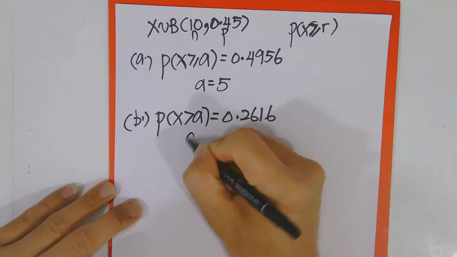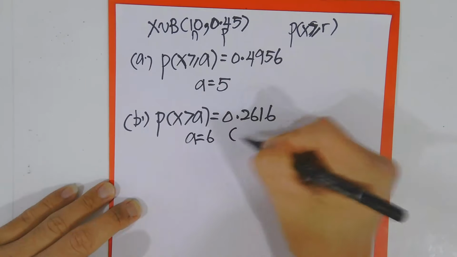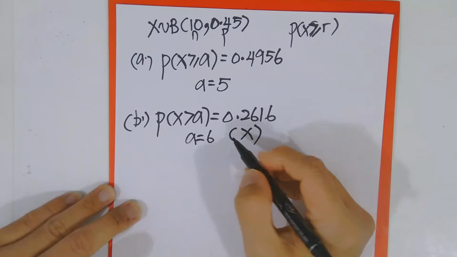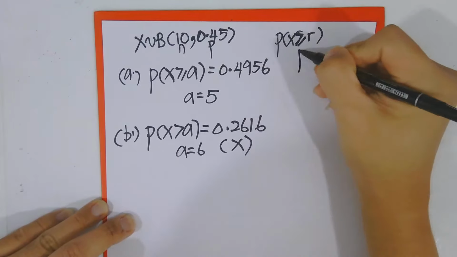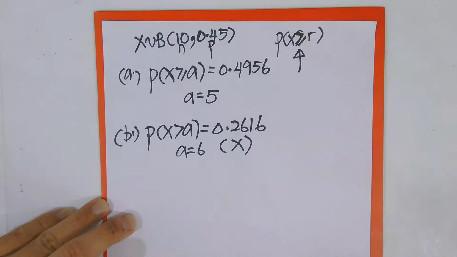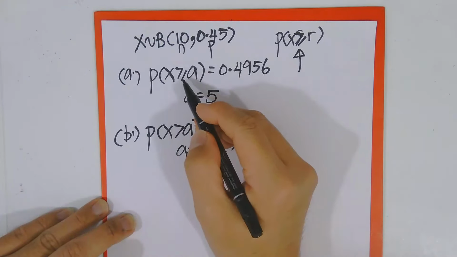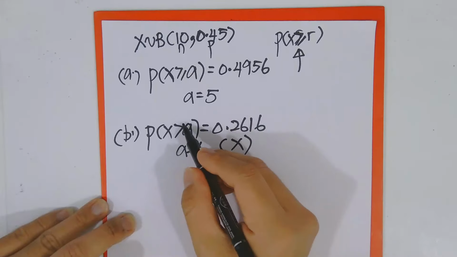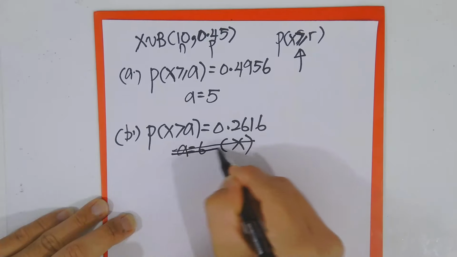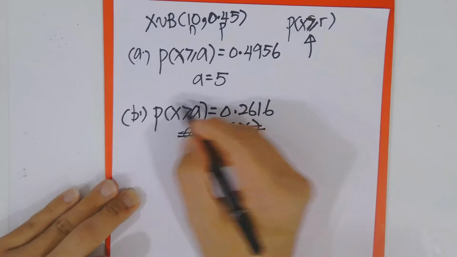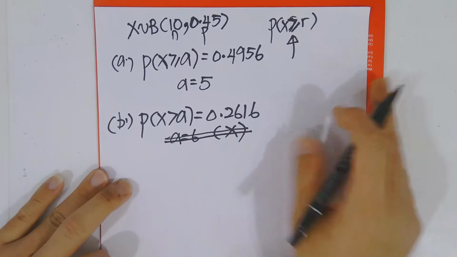Then you straight away write A is 6. This is wrong. It's a mistake. You shouldn't do this because we must use this format. This is greater than A, there is no equal here, so we should not accept A as 6. We should do some modification.